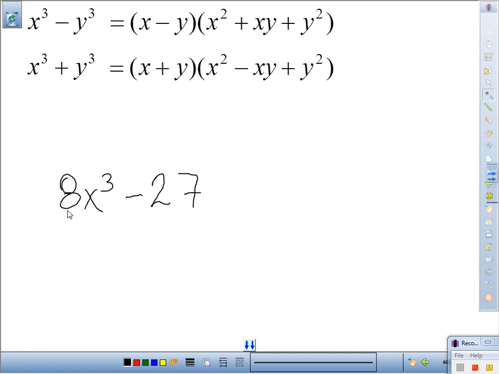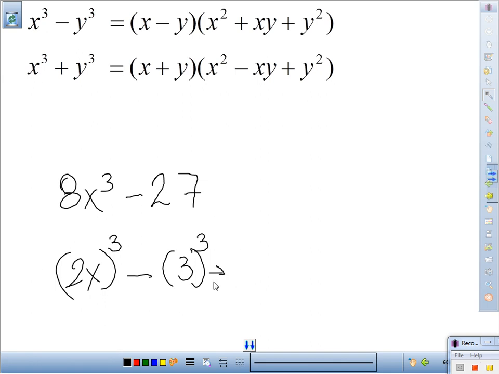Let me think. One number times itself 3 times, that's what cube means, gives me 8. 2, and this is x, so I would write 2x to the 3rd power. Minus. What number times itself 3 times gives me 27? So I would be 3 cubed. Does that look like this now?